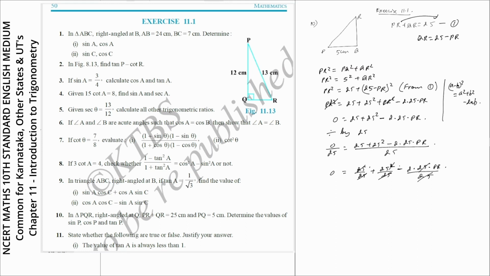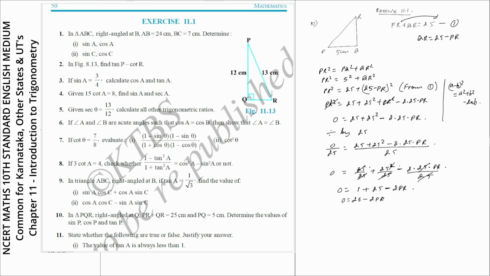So 25 will get cancelled here. So 0 is equal to 1 plus 25 minus 2 PR I'll get. So 1 plus 25 is 26. 0 is equal to 26 minus 2 PR.